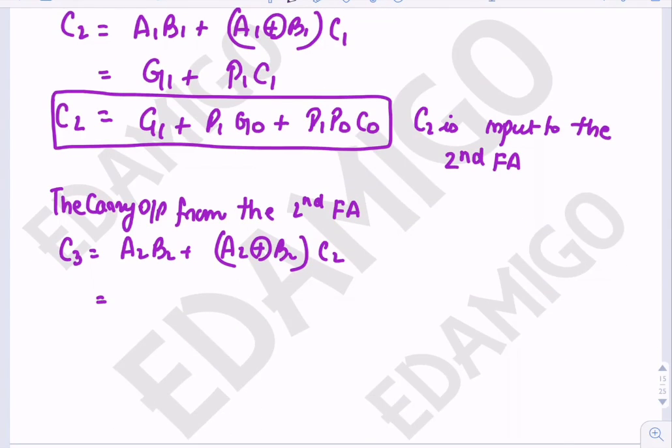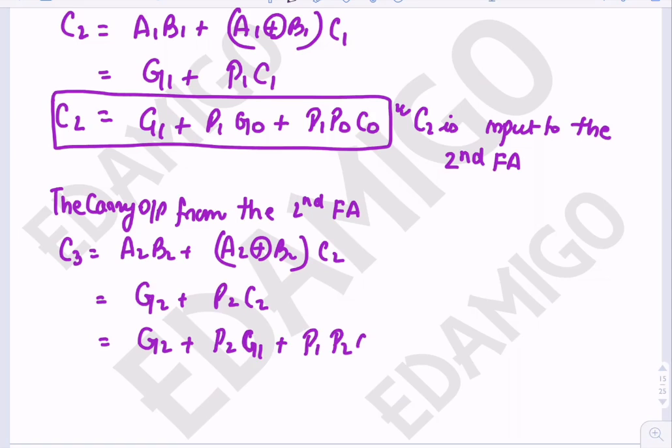So this is G2 plus P2 C2, and we can put C2 from here. We will get G2 plus P2 G1 plus P2 P1 G0 plus P2 P1 P0 C0. This is your C3.